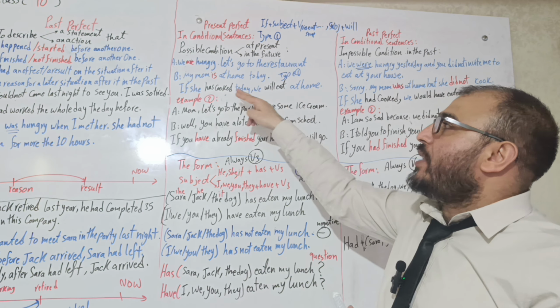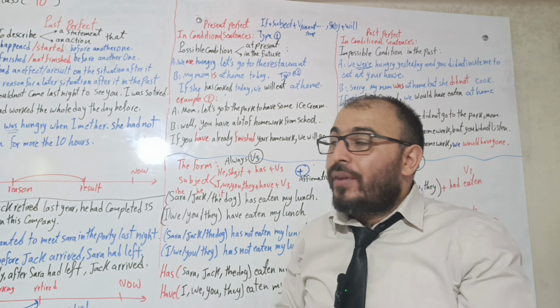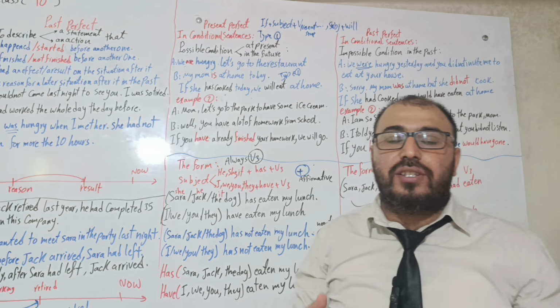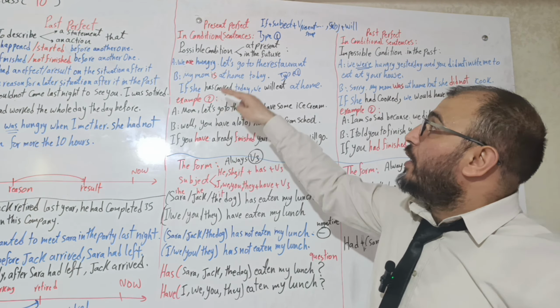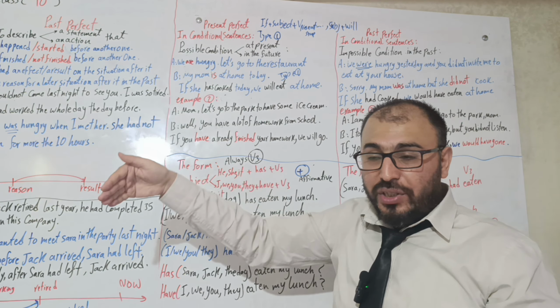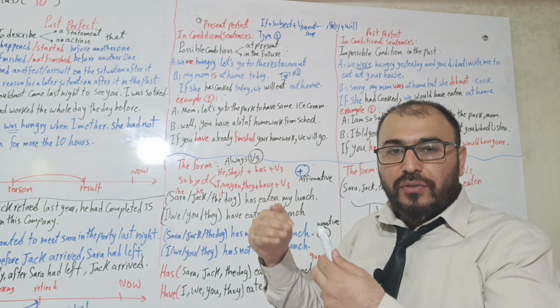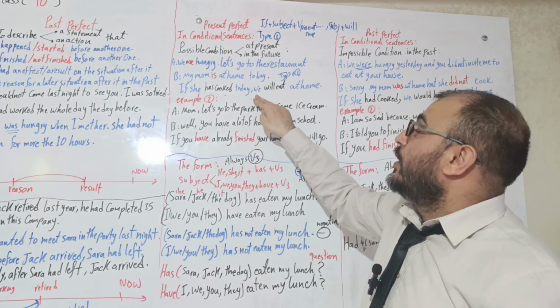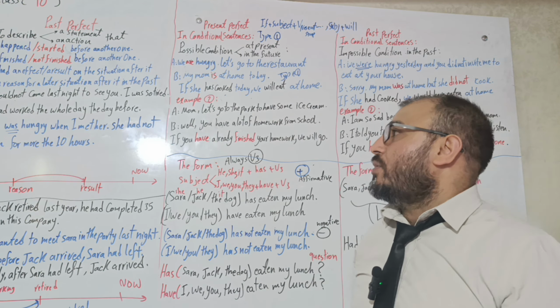There is a possibility that my mom cooks because she is at home today. She's not at work. So I tell my friend, this is possible. If she cooked in the past and we still have the result, food, now, I use if she has cooked, present perfect. Today we will eat at home.